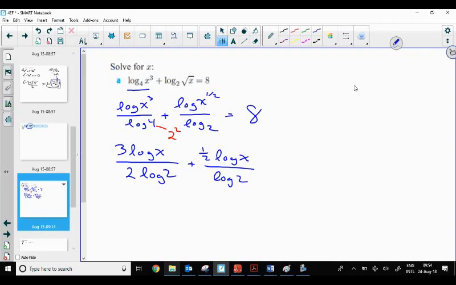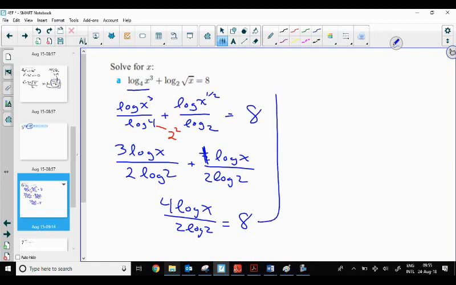And then we can see that we can combine these two. If I multiply the right-hand fraction by 2 on the top and on the bottom, then we're going to get 4 log x over 2 log 2 is equal to 8. And we can see that the 4 divided by 2 is going to cancel out, so I can move that over.